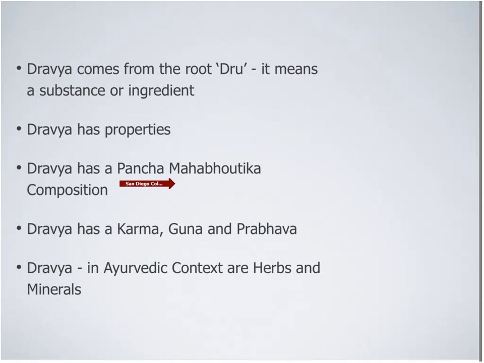And of course, when we are using Dravya, we are using the theory of like, dissimilar, and similar. Dravya is classified in many types, and we are focusing on Dravya, its karma, guna, and prabhava. And Dravya in the Ayurvedic context usually means not just herbs and plants and spices and nutrition, but also minerals.